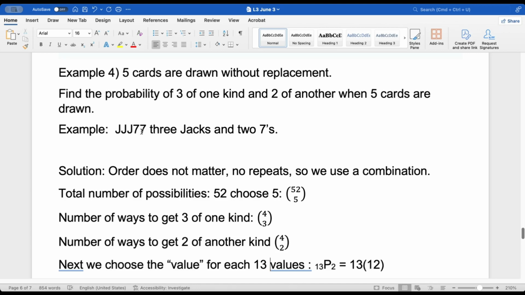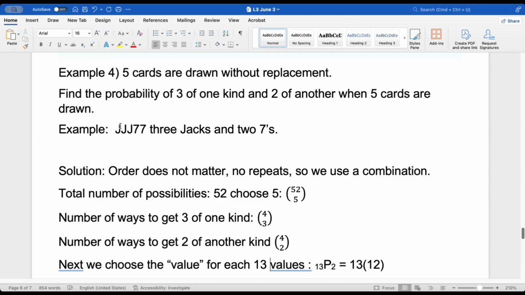So in this particular piece of the problem, there is an ordered situation here in some respects. And so that part is 13P2, which is 13 times 12, indicating 13 choices for the first triple, and then 12 choices for the double or pair.